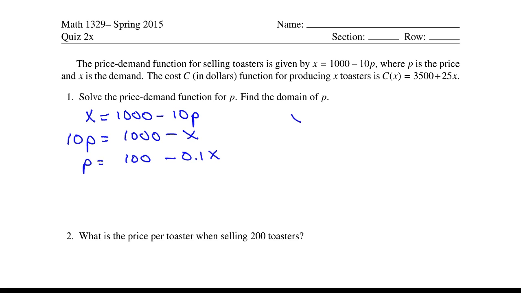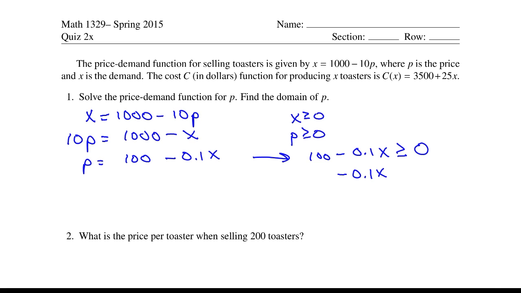Next, we want to find the domain. So we know that x has to be greater than or equal to 0. And then we know that p has to be greater than or equal to 0. So a couple of things here. We can use this last one if we want. Let me just do it this way and say that 100 - 0.1x is greater than or equal to 0.